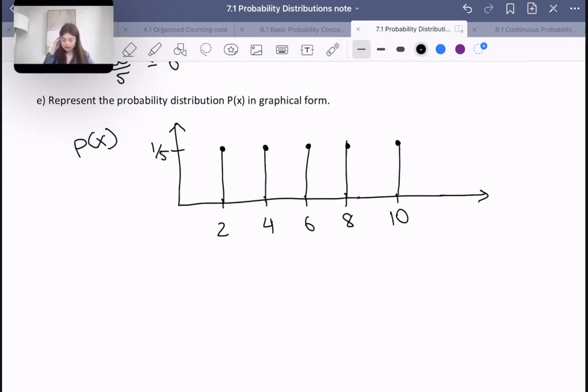So yeah, the good thing with uniform distributions is they're pretty simple. Basically, the big takeaway here is that a uniform distribution means that every outcome is of equal probability, right? And if every outcome is of equal probability, then the probability for each outcome is going to be 1 over the total number of outcomes, right? Just as rolling a die, it's always 1 in 6 for each outcome.